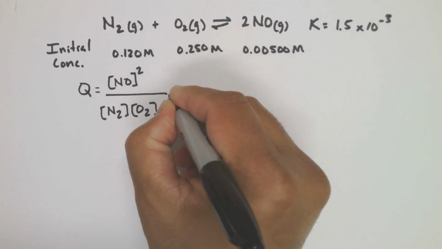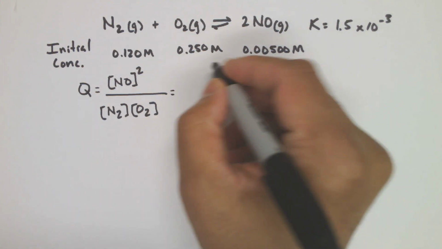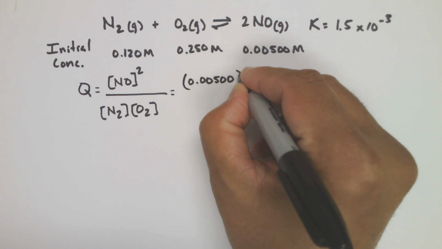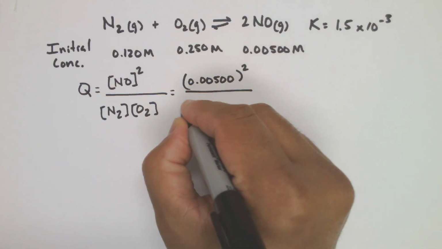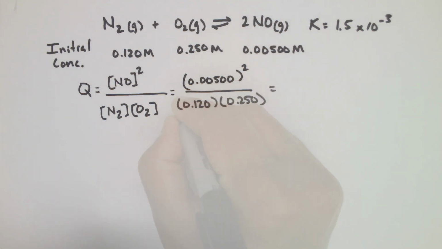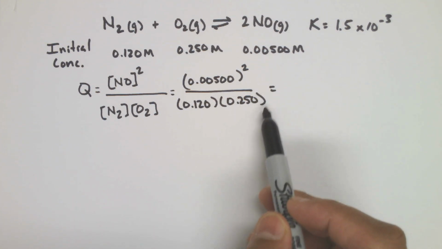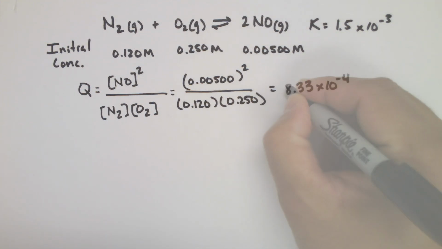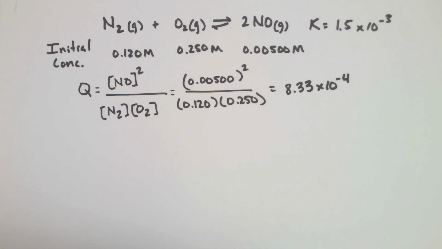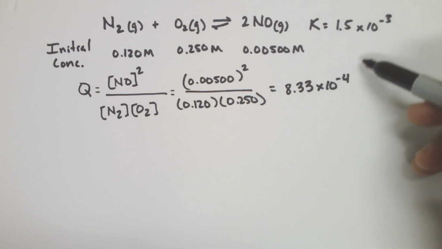So we'll go ahead and insert our concentrations. And when we plug this into the calculator, we'll get this ratio. The number that I get here is 8.33 times 10 raised to the minus 4. And now we can compare here.